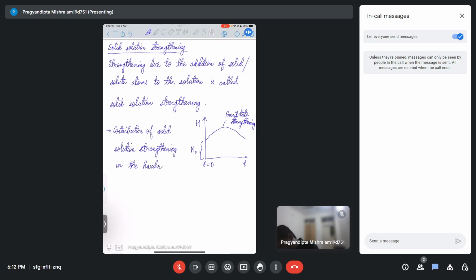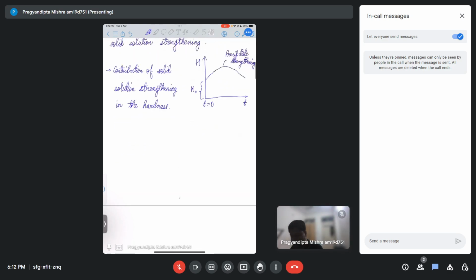Essentially, this H naught is not only dependent on the solid solution strengthening, the solute atoms. It is dependent on a variety of factors, but the solute atoms will also influence how high or low this H naught value is. So that is the contribution of solid solution strengthening.